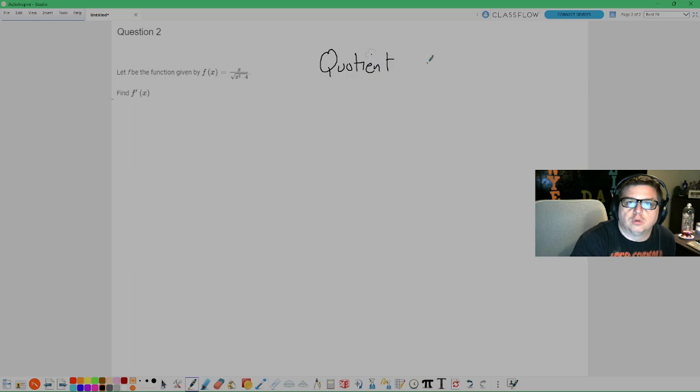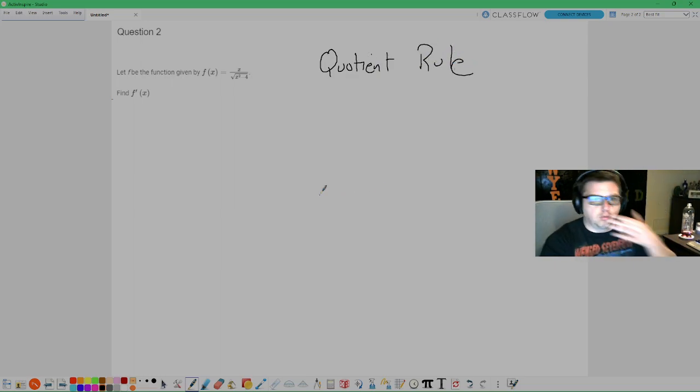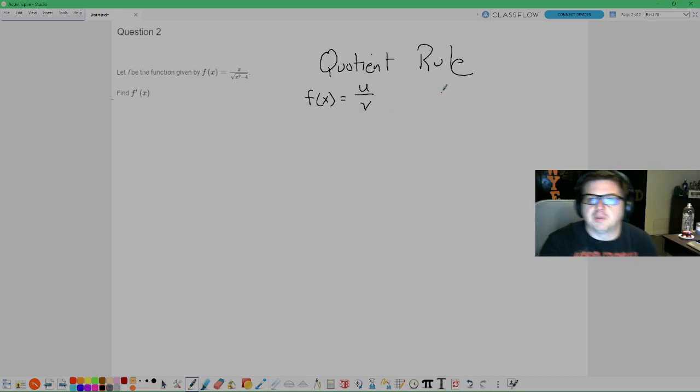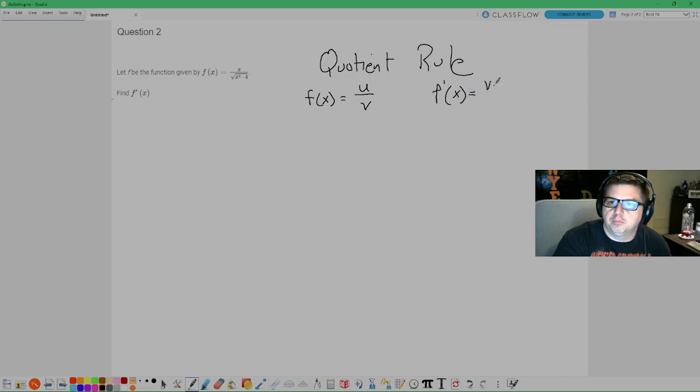the quotient rule. Well, the quotient rule, if our original function is u divided by v, then our derivative is the bottom times the derivative of the top minus the top times the derivative of the bottom, all over the bottom squared.